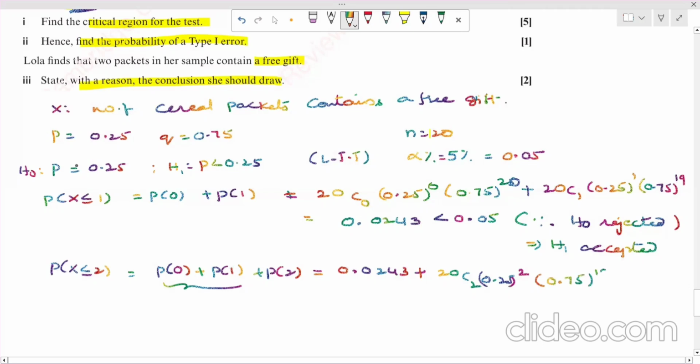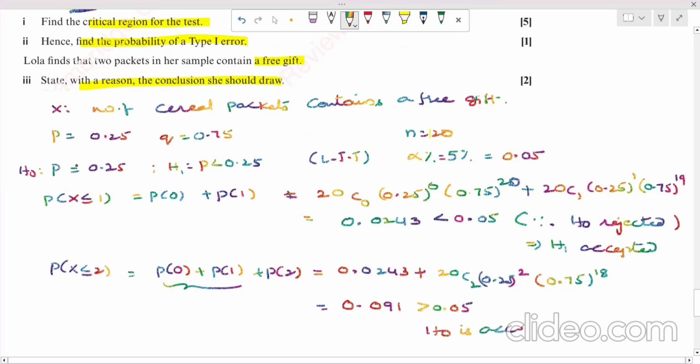If you simplify, you will get approximately 0.091. It is greater than 0.05, so in this case, H naught is accepted.